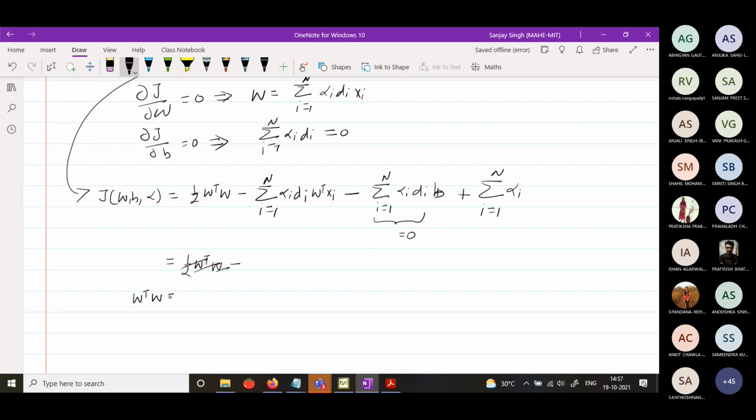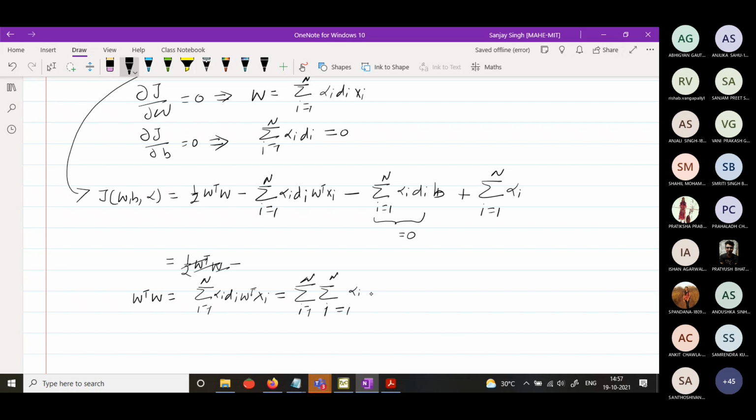So w transpose is summation i equal to 1 to n alpha i di xi transpose. When you substitute for this w transpose also, because transpose we cannot write in this fashion, I have to put one more summation, j equal to 1 to n.